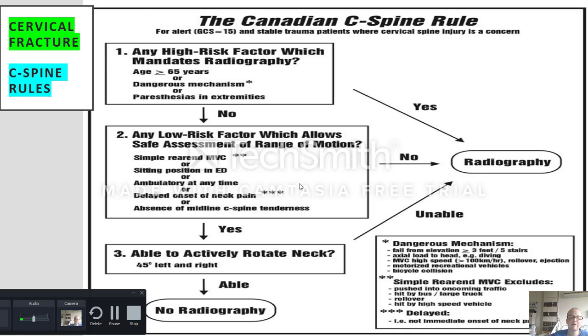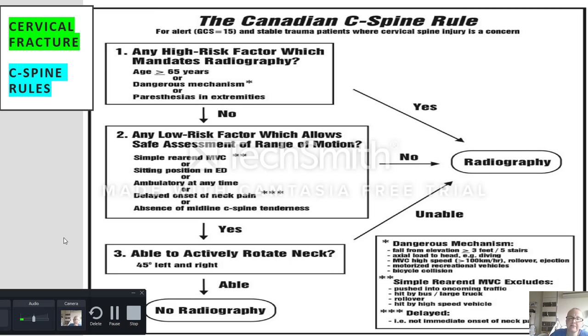If you have current neck pain, then you go to radiology. If it's delayed onset, then you go down to number 3. It's not immediate neck pain. Okay. Can you move your neck to the side? Yes. No x-ray. Just how it is.